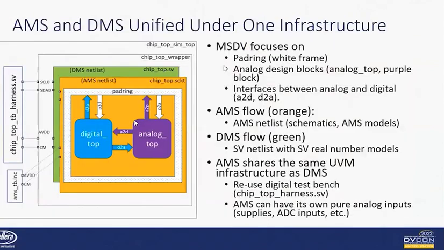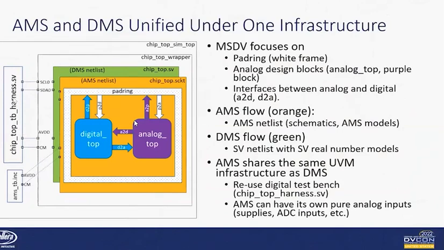Running AMS and DMS, two flows, doesn't mean we have to develop two test benches. In UVM nowadays, we actually have a good chance to unify these two flows under one infrastructure. This is a high level abstract view of how we run two flows in one infrastructure.